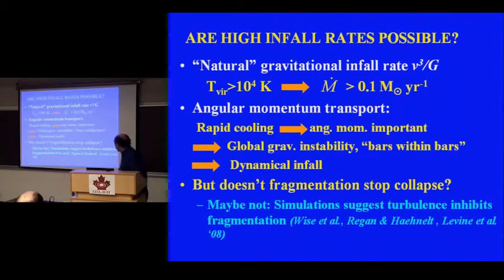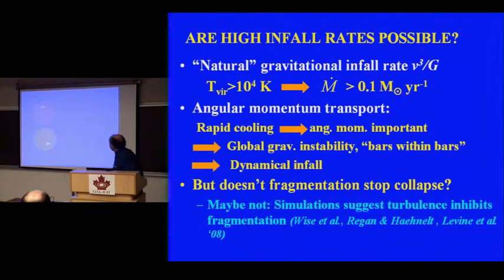And so that seriously limited the number of these systems that could form. However, I am no longer sure I believe that, because all the simulations I've seen lately, including the ones by Robin Levine, do not show the evidence for wide-scale, large-scale fragmentation that you might expect from a simple estimate.